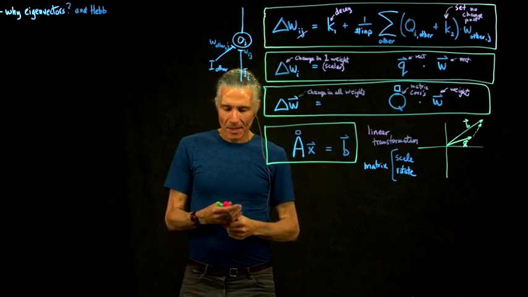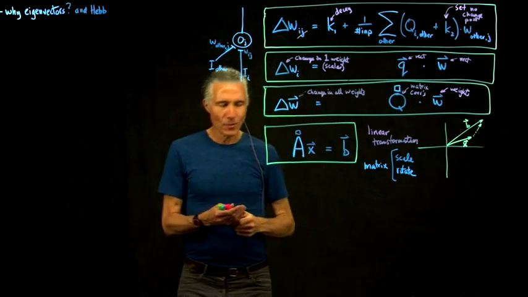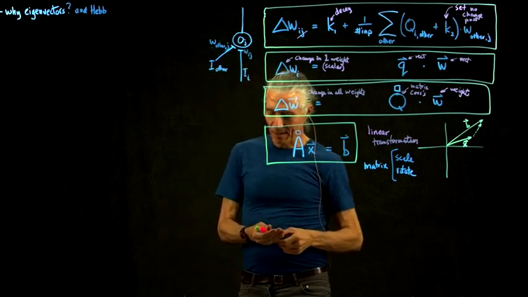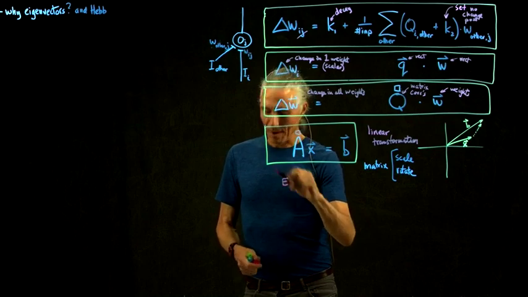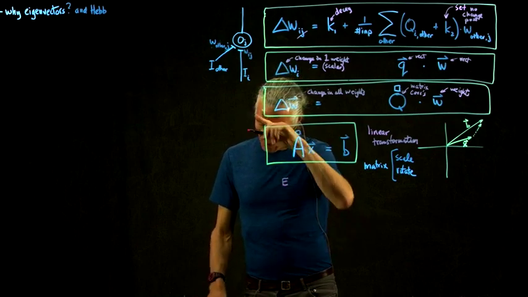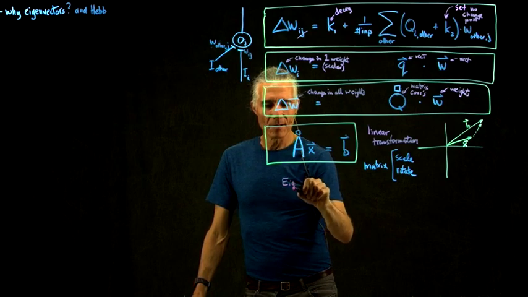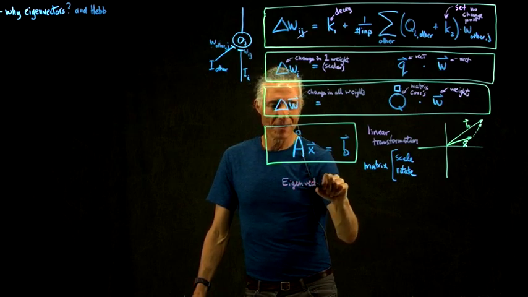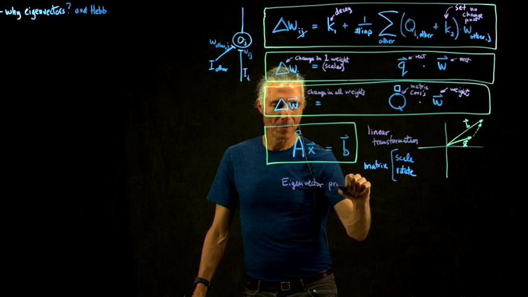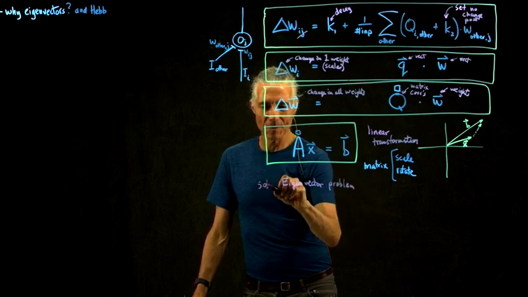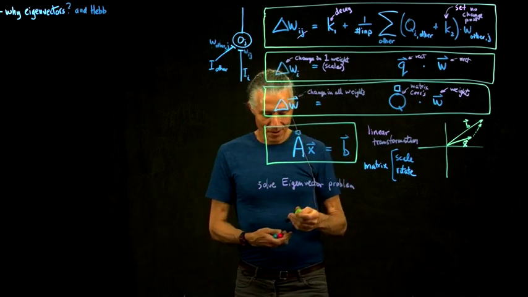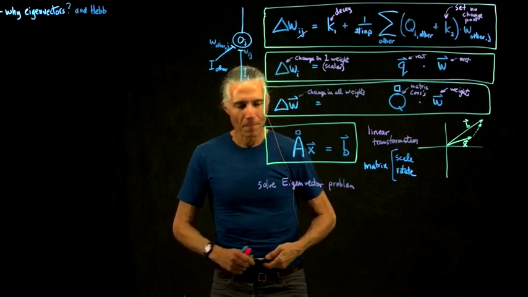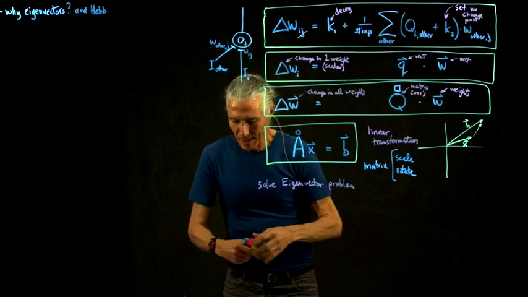One of the very valuable things you can do with a matrix is something called the eigenvalue problem, or the eigenvector problem. So we can solve the eigenvector problem. What is an eigenvector? It's a very simple concept.